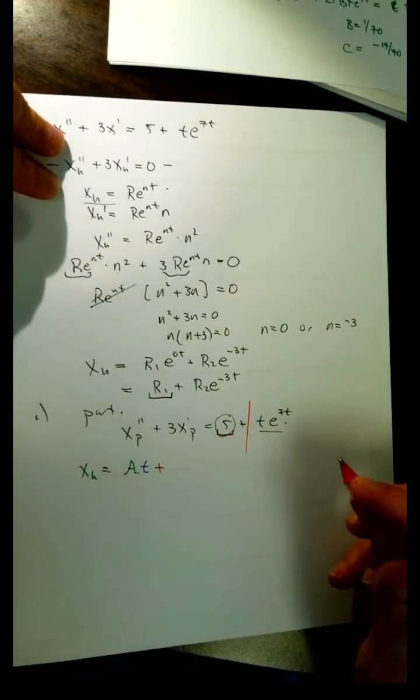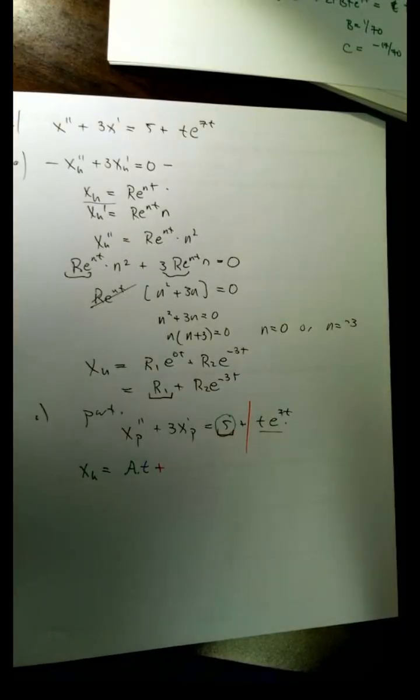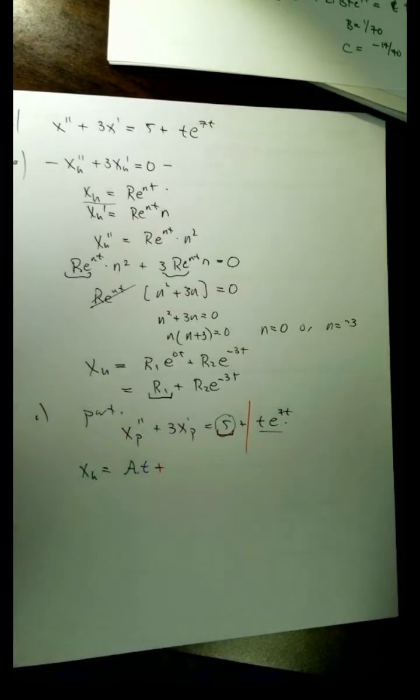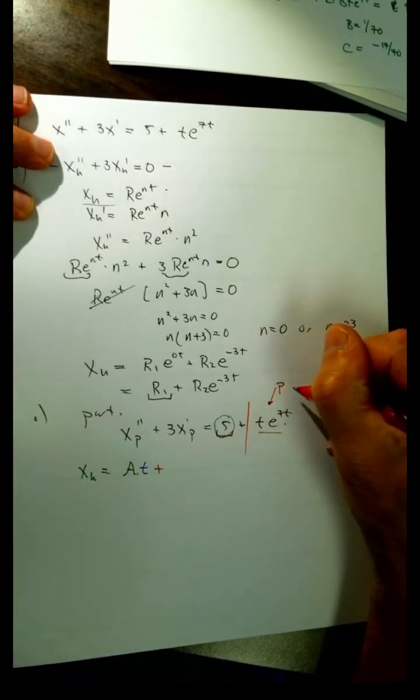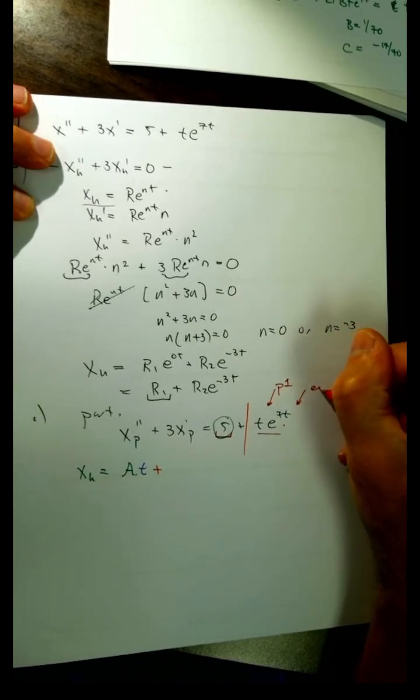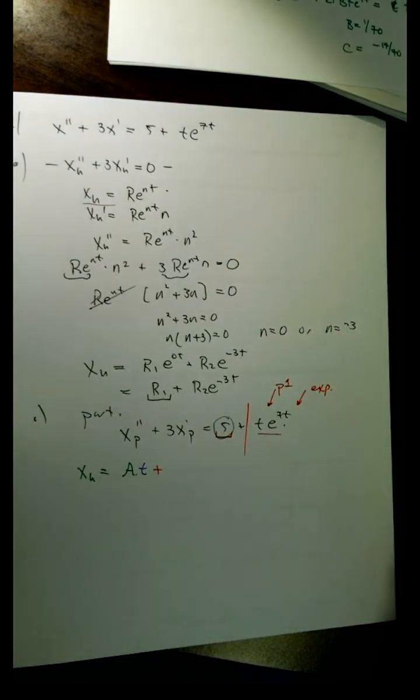for this other term, I am looking for something that when I take its derivative and take multiple derivatives and add things up, I'm going to get something that looks like a polynomial of degree 1 times an exponential. So my guess should be a polynomial of degree 1 times an exponential.